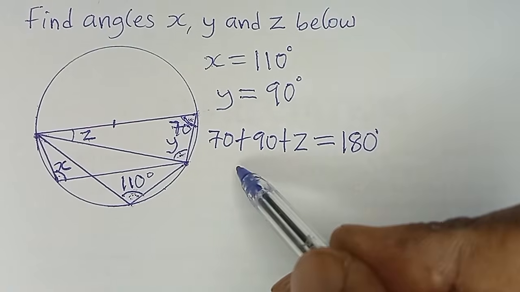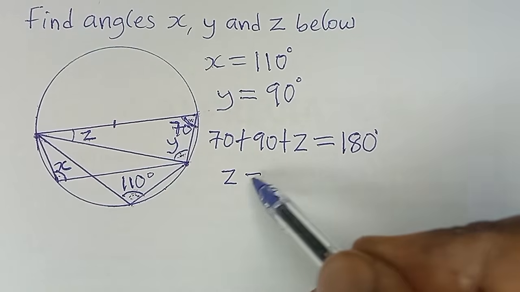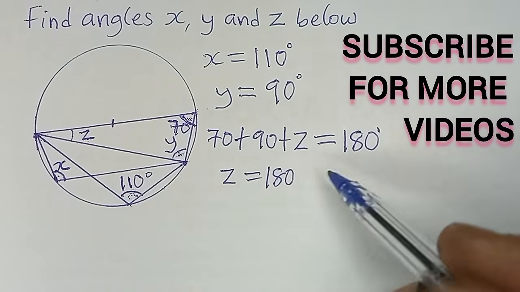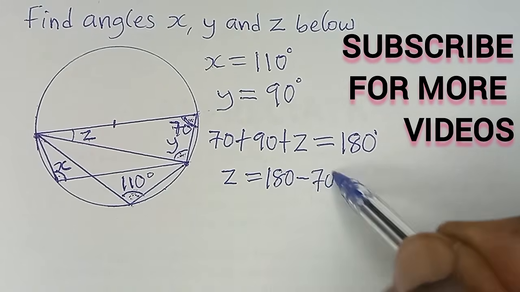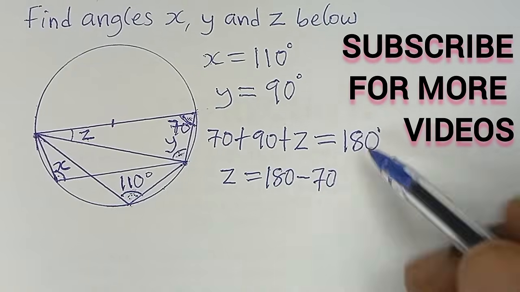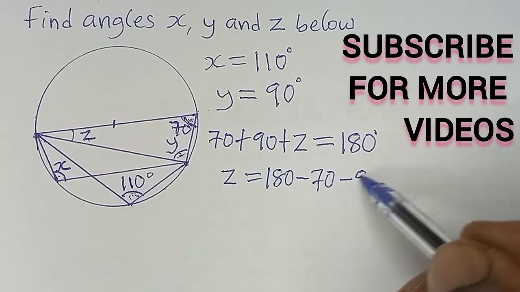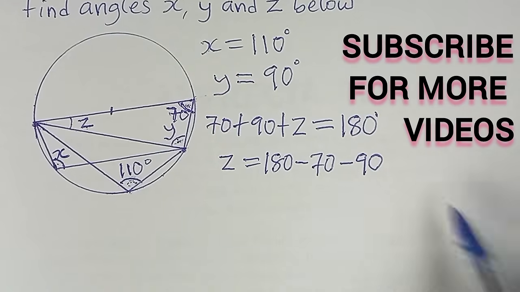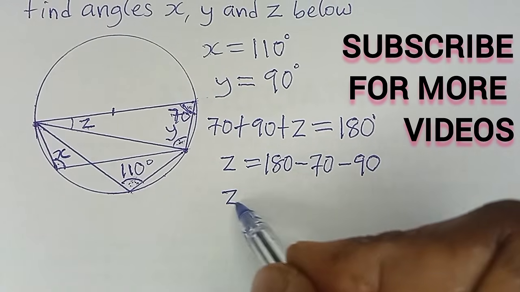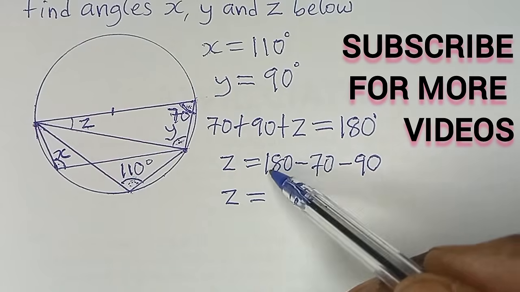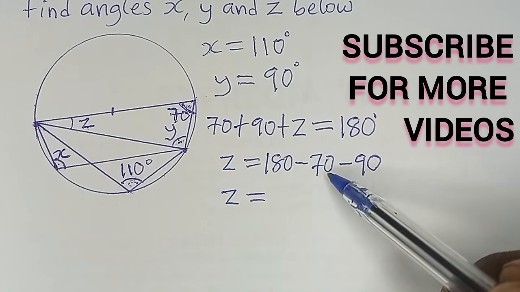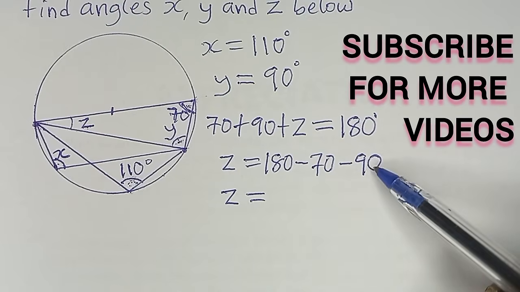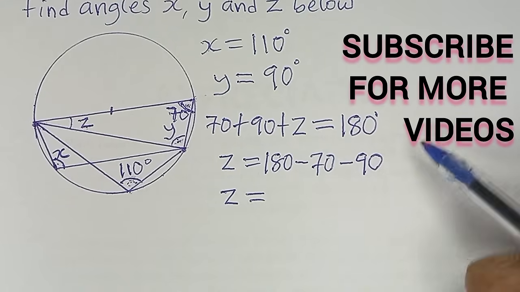Z will be equal to 180. When this positive 70 comes to this side, it becomes minus 70. When this positive 90 comes to this side, it becomes minus 90. So I can conclude finally and carry out the subtraction. 180 minus 70 gives us 110. 110 minus 90 gives us 20 degrees.